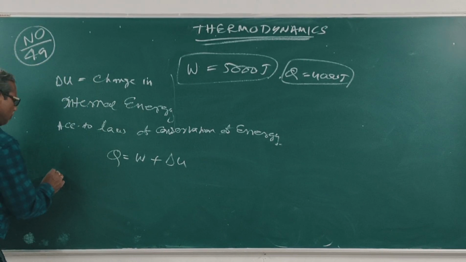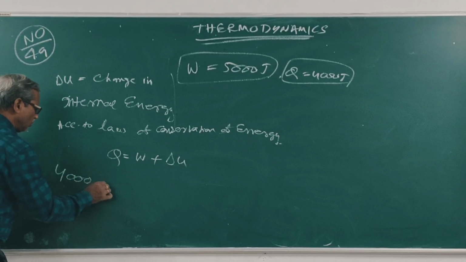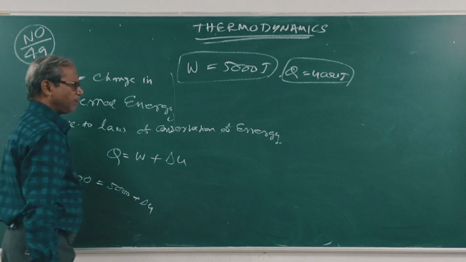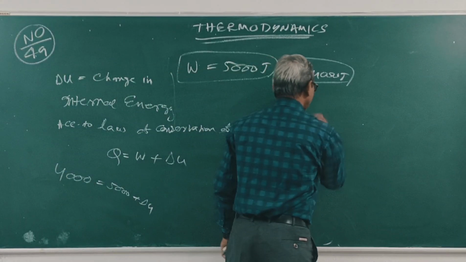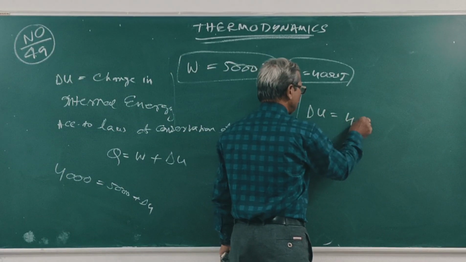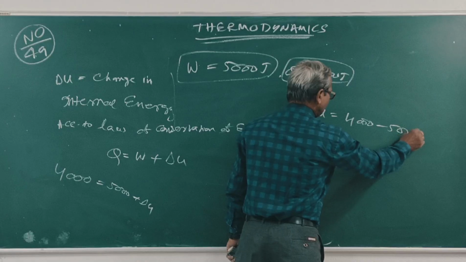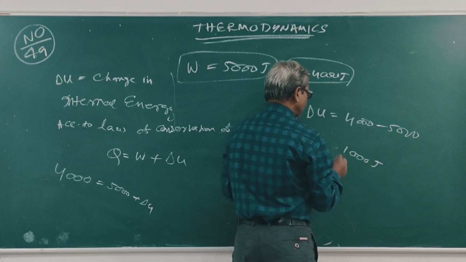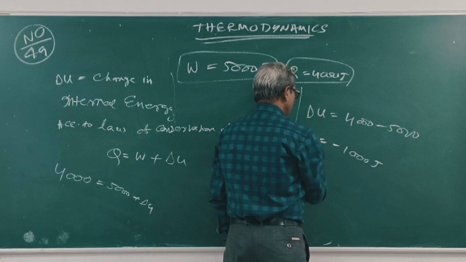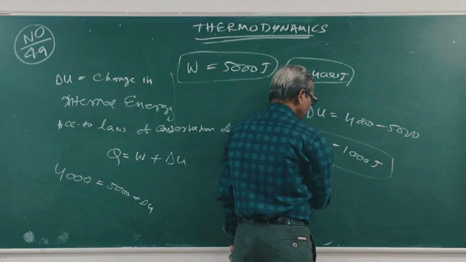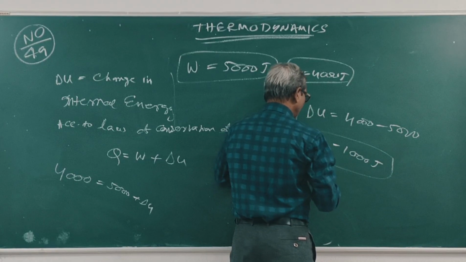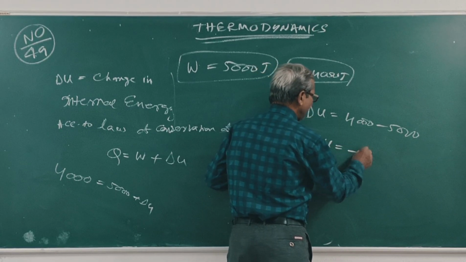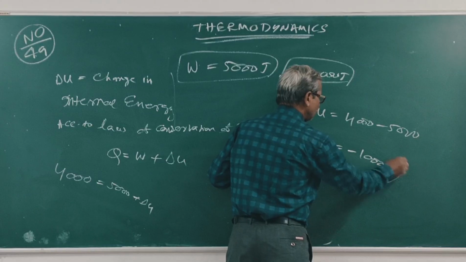So 4000 is equal to 5000 plus delta U. The same way, delta U is equal to 4000 minus 5000, which is minus 1000 joule. This is negative. So delta U is equal to minus 1000 joule.